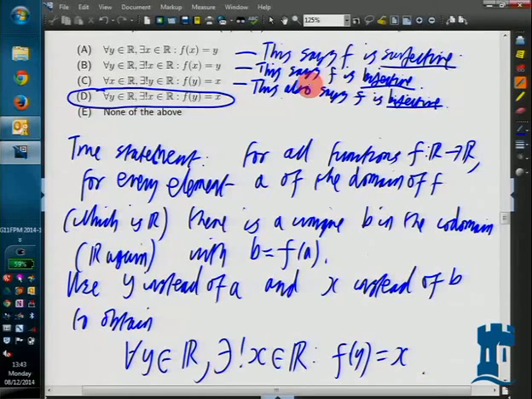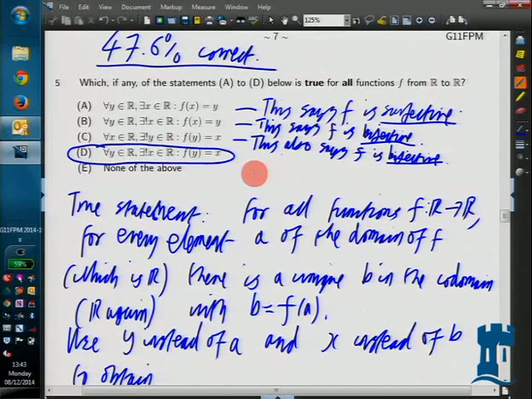I can't tell you what's going to come up, but you really do need to understand functions and their properties if you don't want to cut yourself off from some bits of the exam. Any questions about that one, which was probably the question you found hardest? Well, if not now, think about it, and you can always come back with questions about it on Friday, or you can send me emails, whatever. Okay, so we'll move on from there.